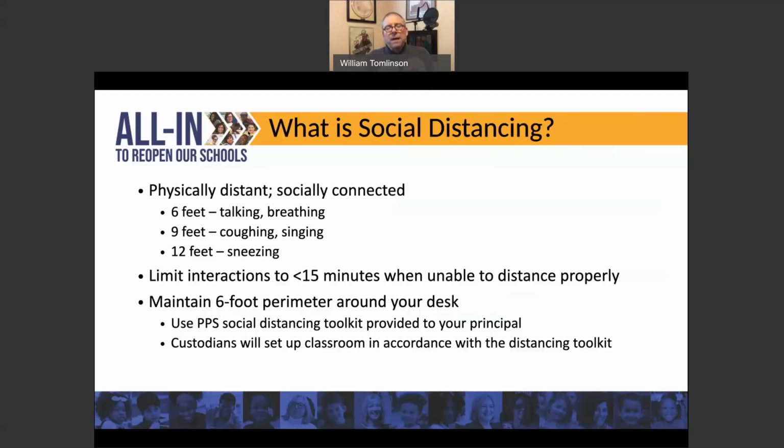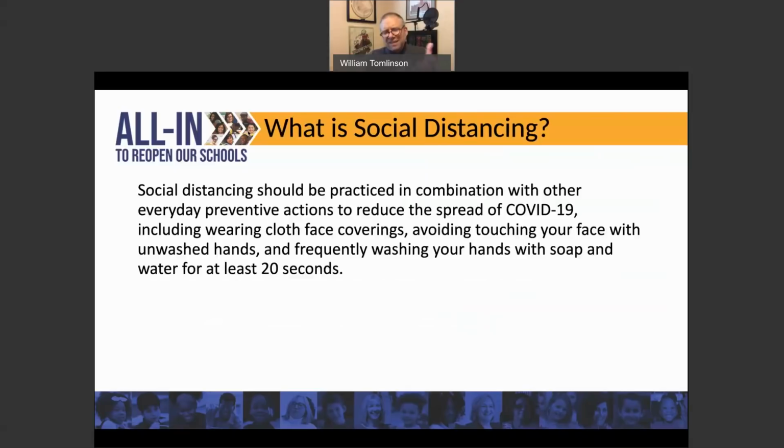You will be involved in that, giving your input as far as where your desk is and where you need to travel in the classroom so we can set up social distancing properly. So you'll have at least a 6-foot perimeter around your desk. Social distancing is great, but it needs to be practiced in combination with those 3 other tools that I just talked about.